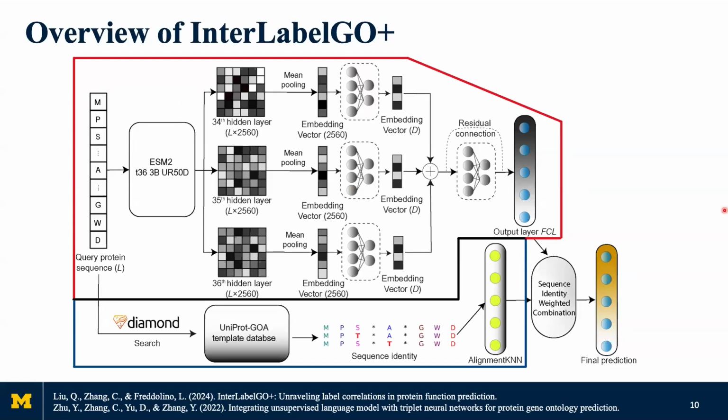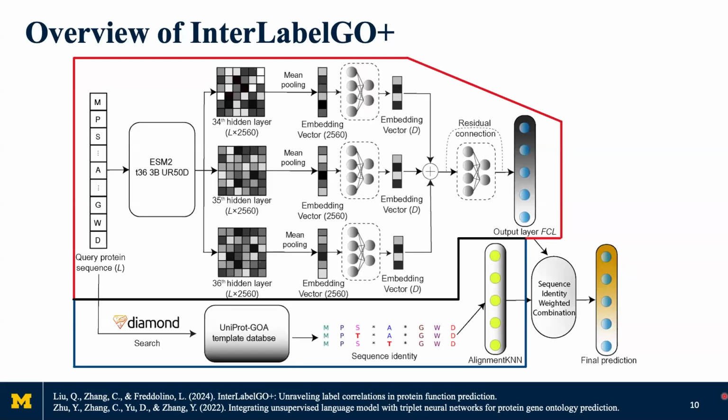A key innovation in InterLabelGO is a novel composite loss function, which we will examine in detail later. This function addresses the challenge of function class imbalance and explores the complex correlation between protein functions. For the alignment-based component, we employ DIAMOND to conduct efficient sequence similarity search against the UniProt GOA database, which leverages curated function annotations.